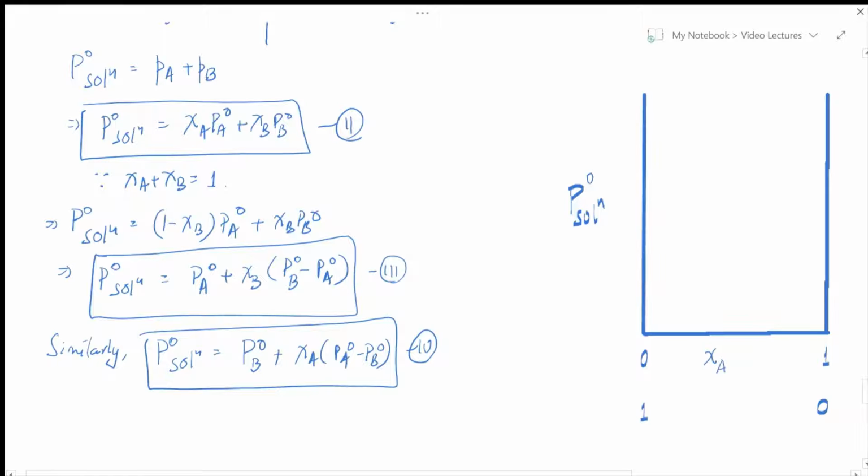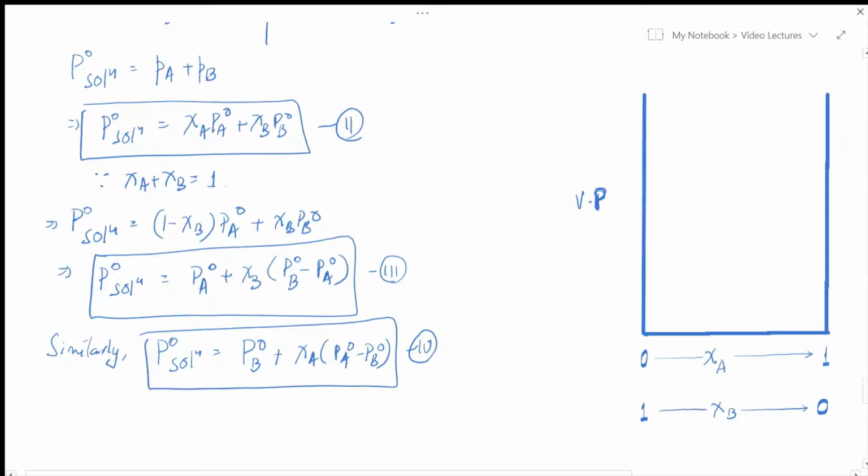So if I plot xi A from 0 to 1, then as xi A increases from 0 to 1, you have xi B decreasing from 1 to 0, so that the sum remains 1 always. Now we want to plot vapor pressure of the solution. Let's not just limit it to the solution, just write this as vapor pressure. So we can plot vapor pressure for the solution here.